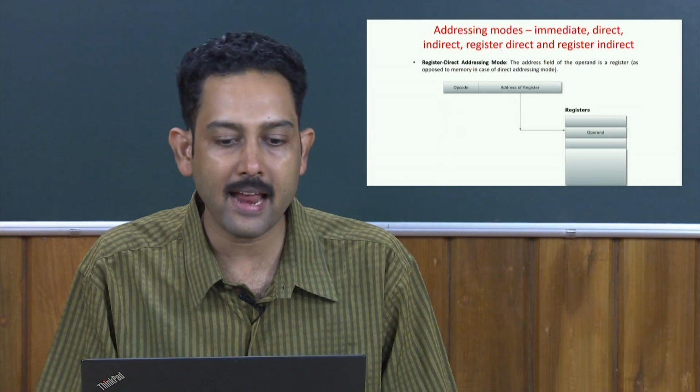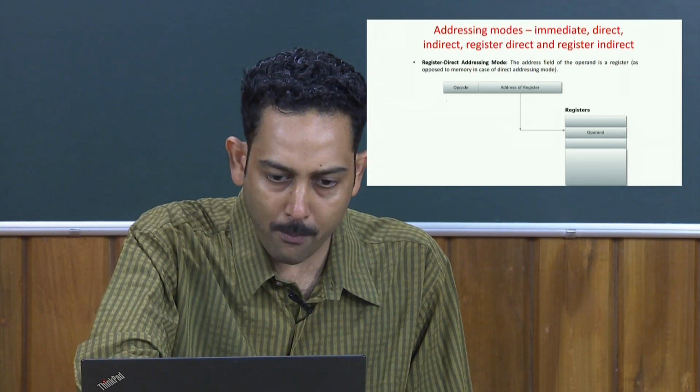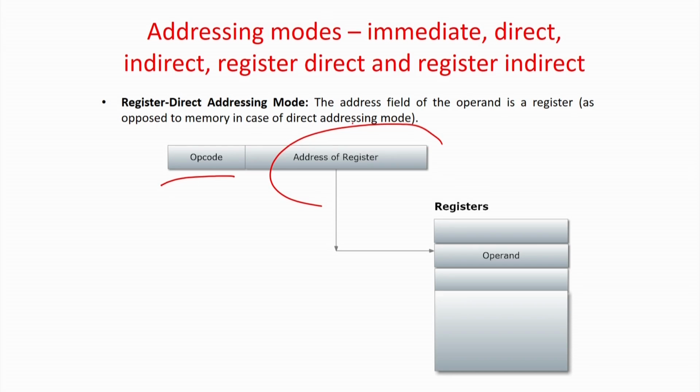So, what is the register direct addressing mode? The opcode will be there and there will be the address of the register. In this case, instead of referring to memory, you are going to refer to a register. If there are 16 registers, you require just a 4-bit representation to represent any of them.